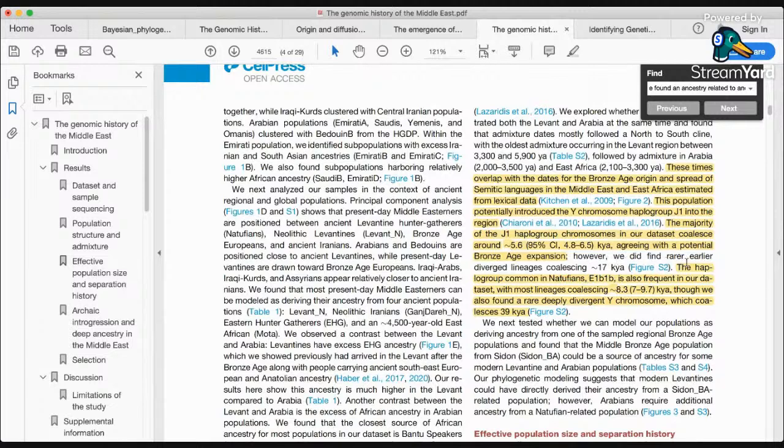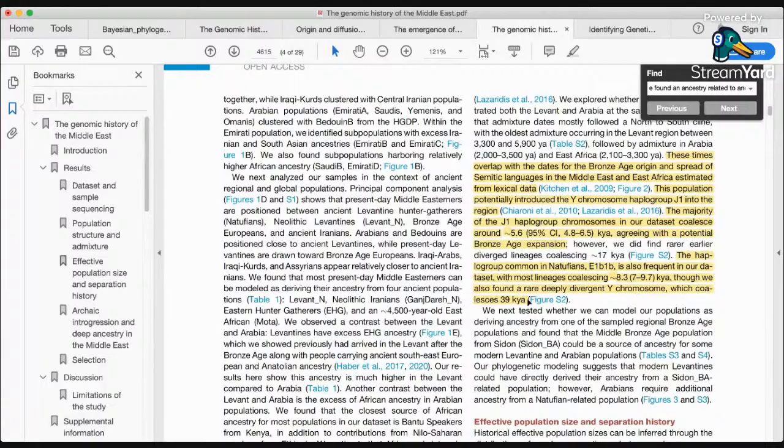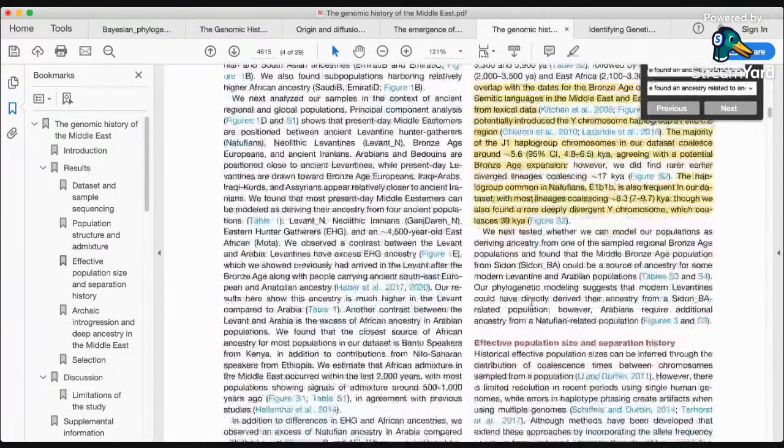However, we did find rare earlier diverged lineages coinciding 17,000 years ago. The haplogroup common in the Natufians, E1b1b, is also frequent in our data set, with most lineages coinciding 8.3 KYA, or 8,300 years ago, though we also found a rare, deeply divergent Y chromosome, which coincides 39 KYA.